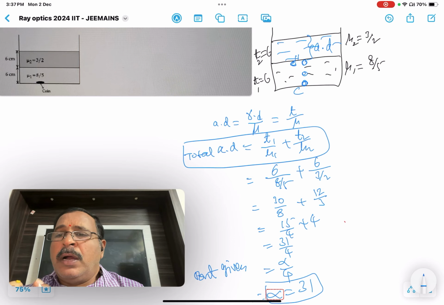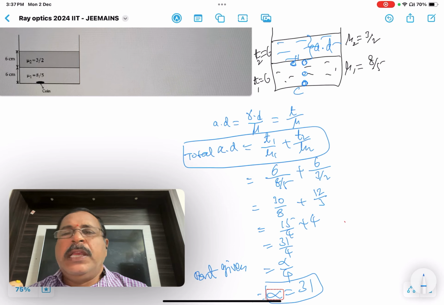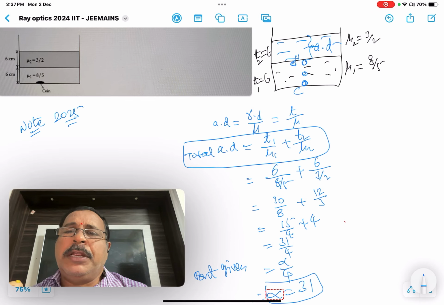This is the first problem we faced in 2024 in the month of January, phase 1, from this chapter, ray optics. I think it's not a difficult one. We can do this problem easily. And one note I am giving here: in the 2025 entrance examination, I am expecting shift.